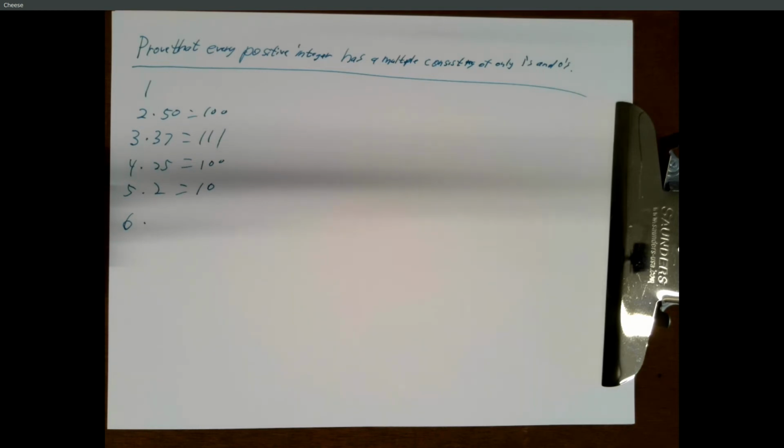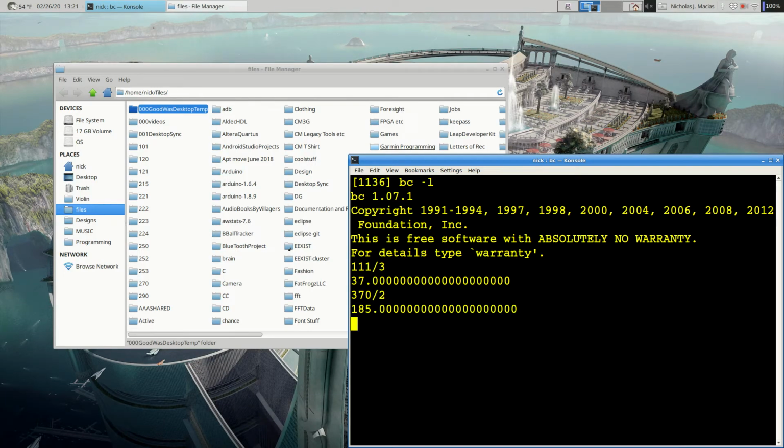I'm thinking I can do 370 divided by 2. So 6 times 185, and that's ones and zeros.